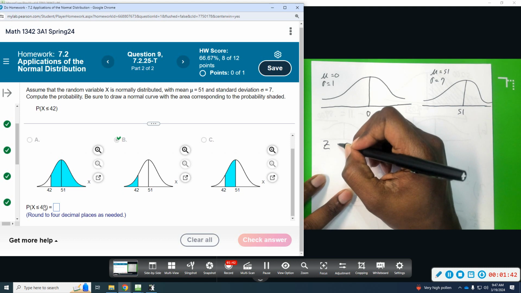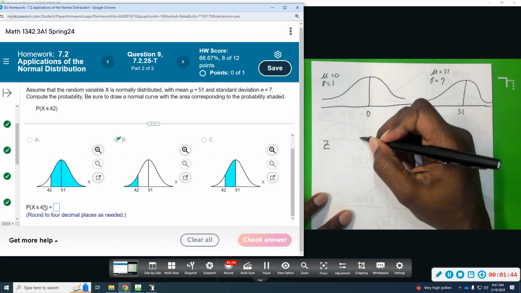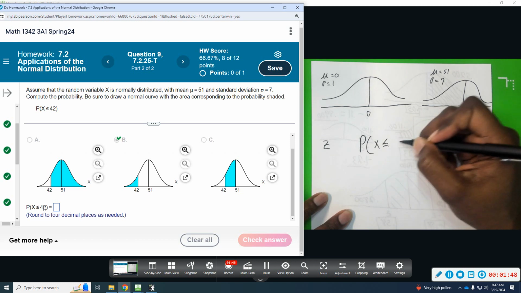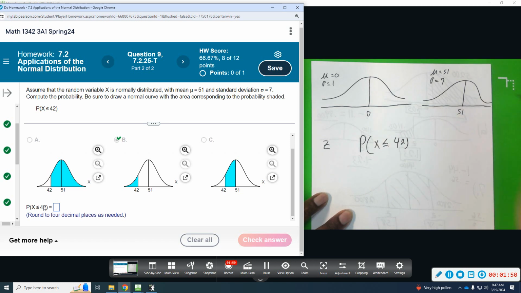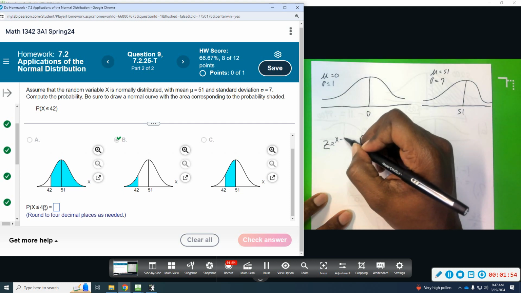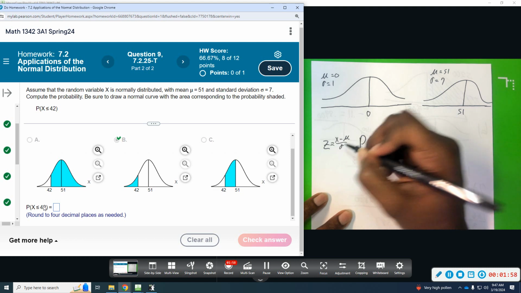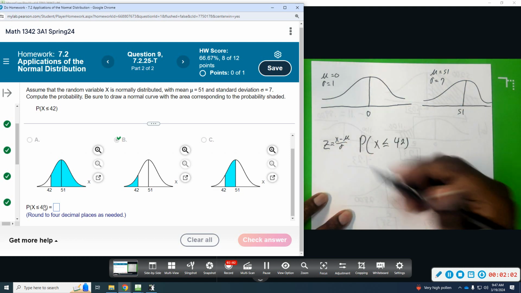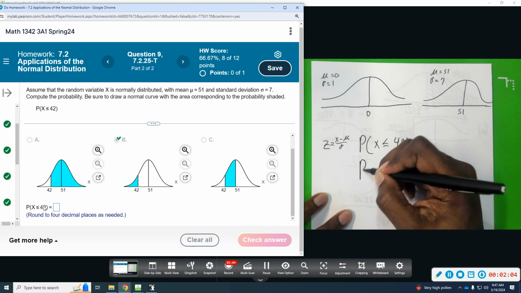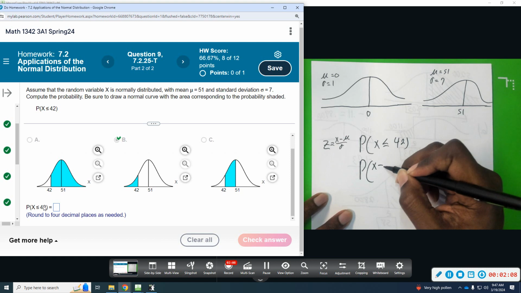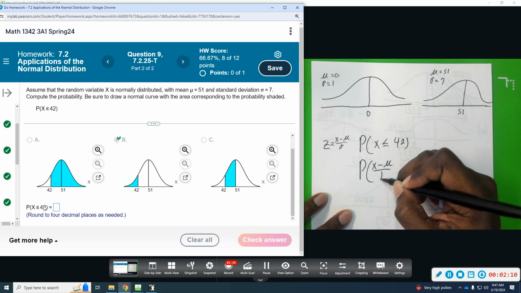So if we want to know less than 42, this is where we start. We start with probability x less than or equal to 42. Then we apply the Z formula. Remember, the Z formula is x minus the mean divided by standard deviation. So if I subtract mean and divide by standard deviation, this is what I have: probability, z equals x minus mu over sigma.